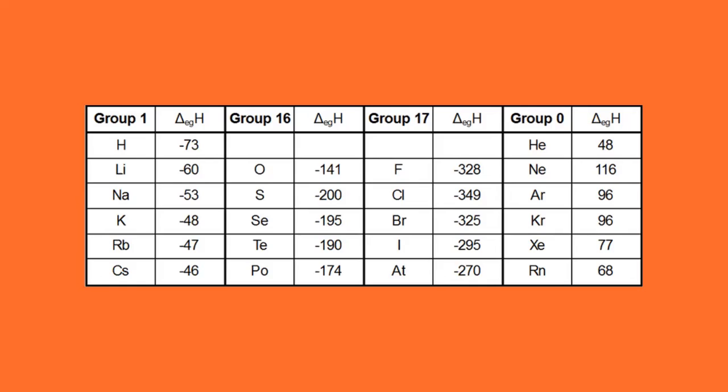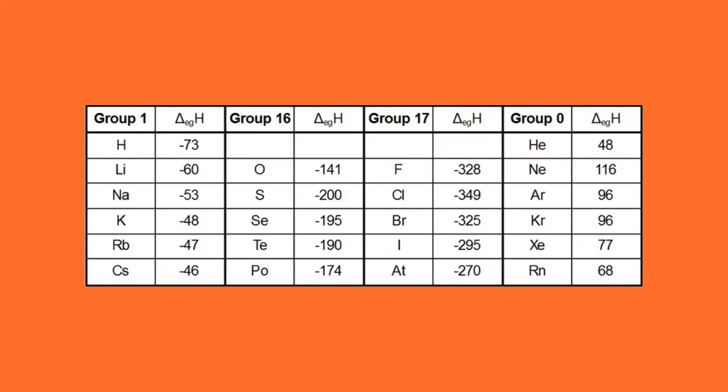And what else? Fluorine and chlorine. Fluorine has a less negative electron gain enthalpy, and this is because of its small size and electron repulsions. Because of that, there is this one unique difference in the halogens that we observe.